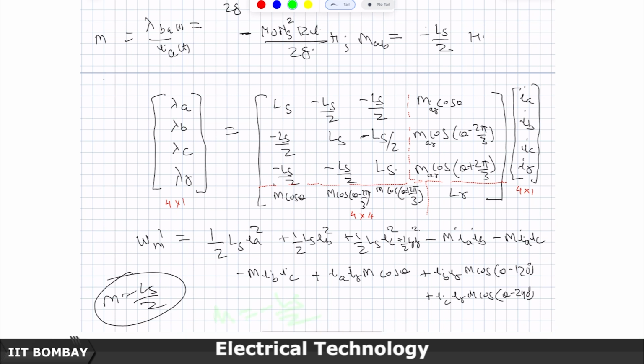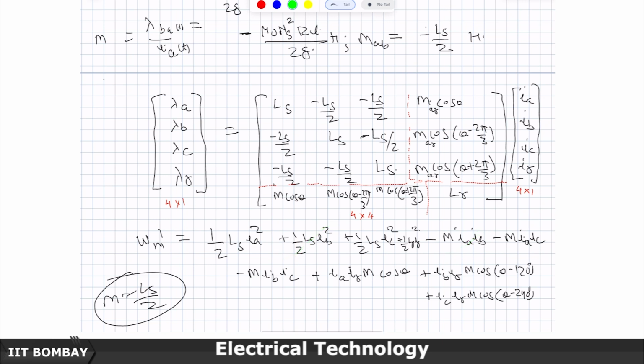I am just not writing minus Ls by 2 every time. So, the term is M times IA times IB. This term we have also seen in the previous lecture, how it comes, and so I have accounted for this, this, and this.